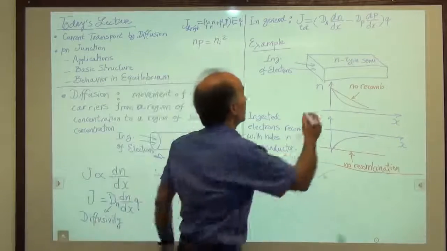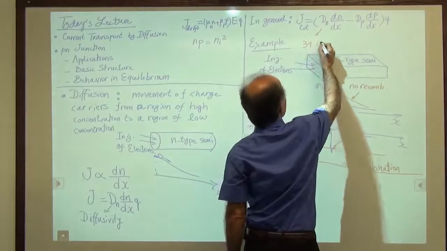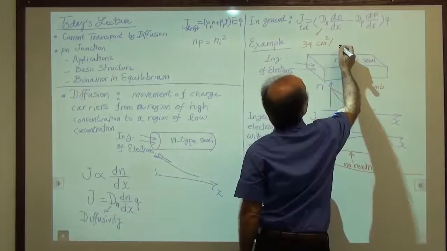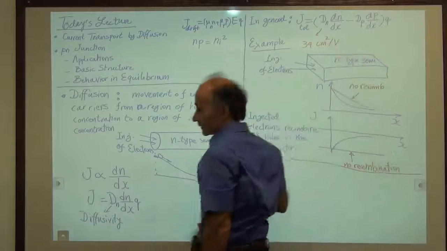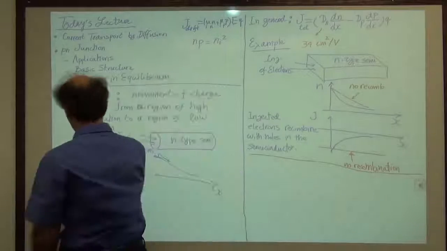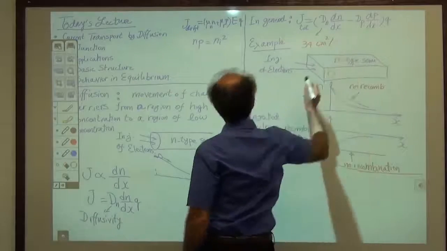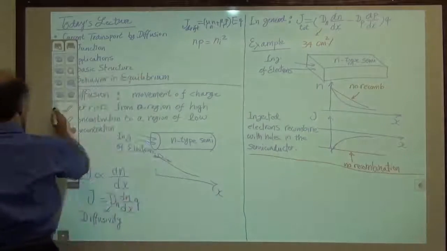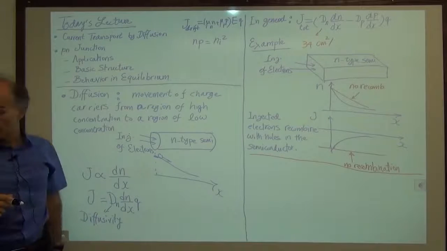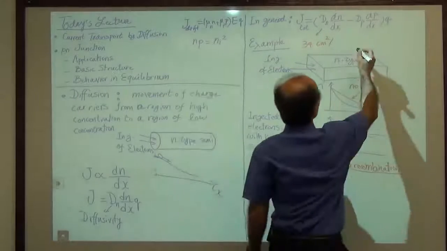Yes, so D_N is 34 centimeter squared per second, and D_P is 12 centimeters squared per second.